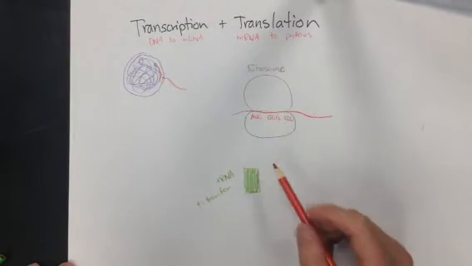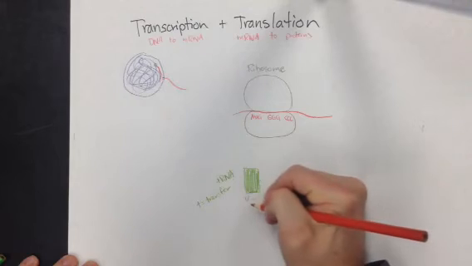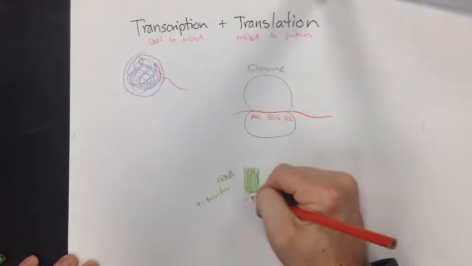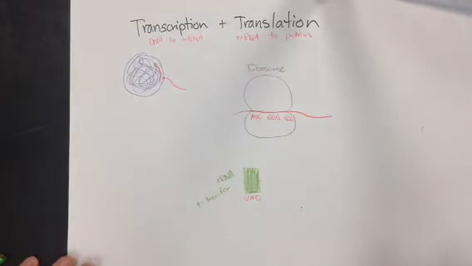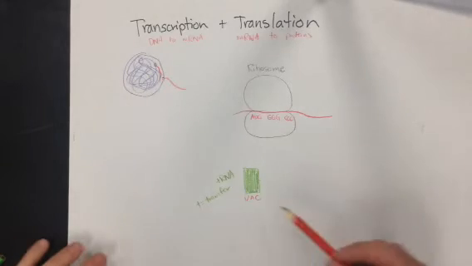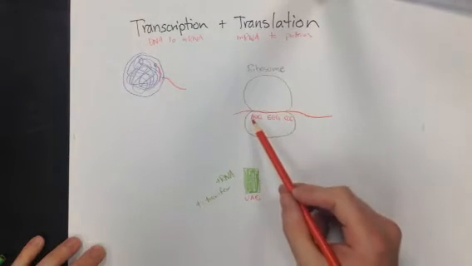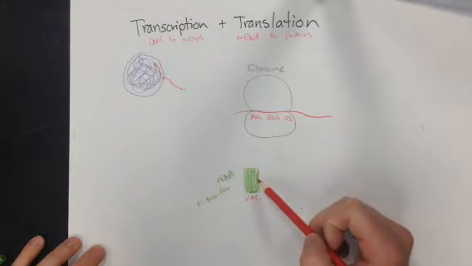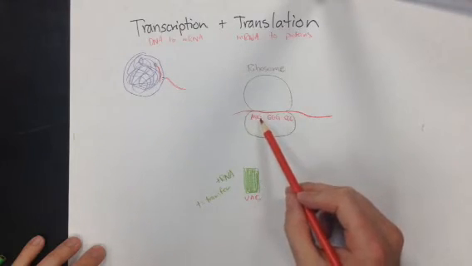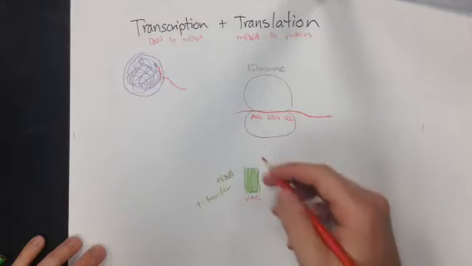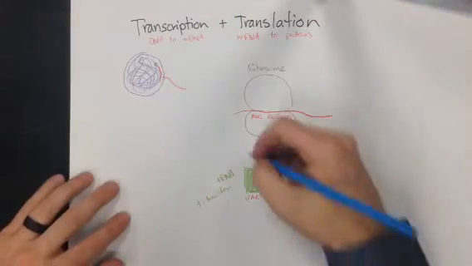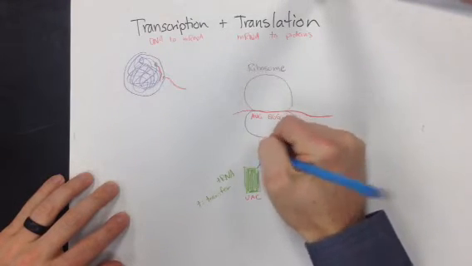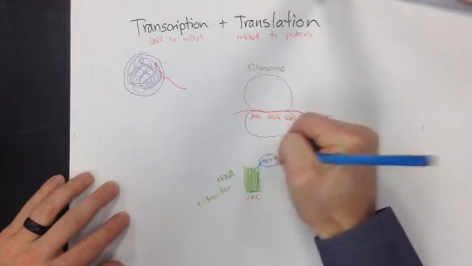The opposite of A is a U, the opposite of a U is an A, the opposite of a G is a C. This is how the ribosome knows which amino acid to bring in. It uses the anticodon to tell the transfer RNA, hey, we need AUG, which is methionine. Each transfer RNA has an amino acid attached to it, so our first one here is methionine, which is MET.